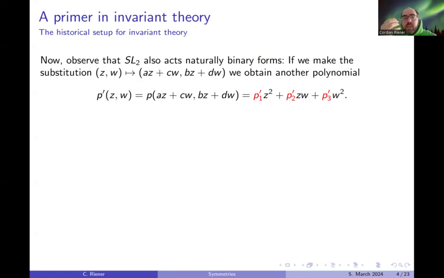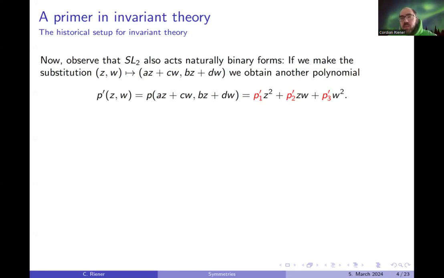Well, if I take my variables and I apply the linear transformation of the coordinates to the variables in the polynomial, I obtain another polynomial, P prime, which is just the original polynomial evaluated at the coordinate changed coordinates. So this is a new polynomial with coefficients P1 prime, P2 prime, and P3 prime.